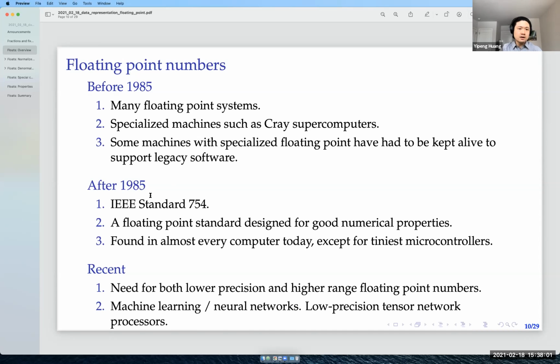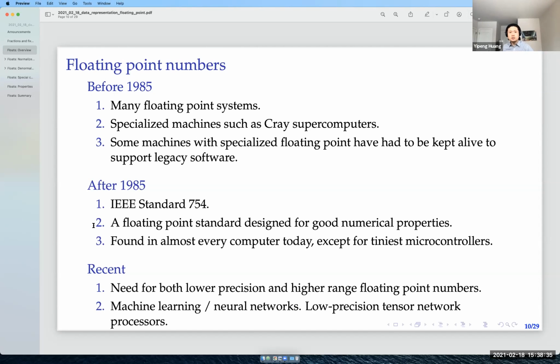So in 1985, the IEEE, which is an industry organization for electronics engineering, came up with their standard number 754, which describes the standard way of encoding scientific notation numbers, of floating point numbers, in computers all around the world today. Right? So they designed the standard to have really nice properties, to do very precise mathematics, and to be able to handle a wide range of numbers.